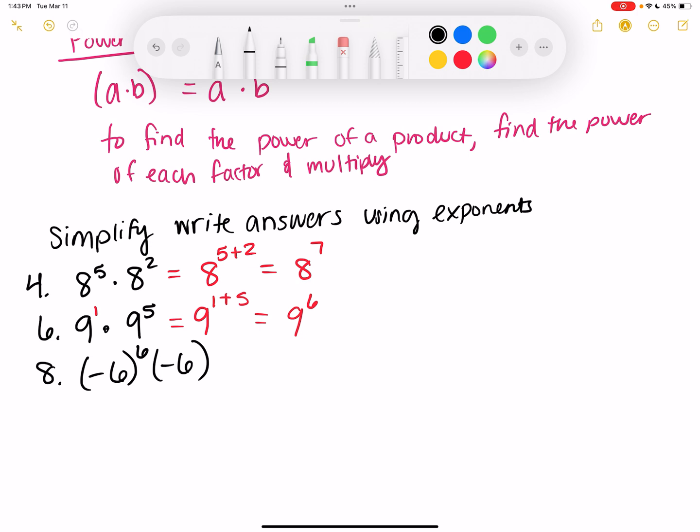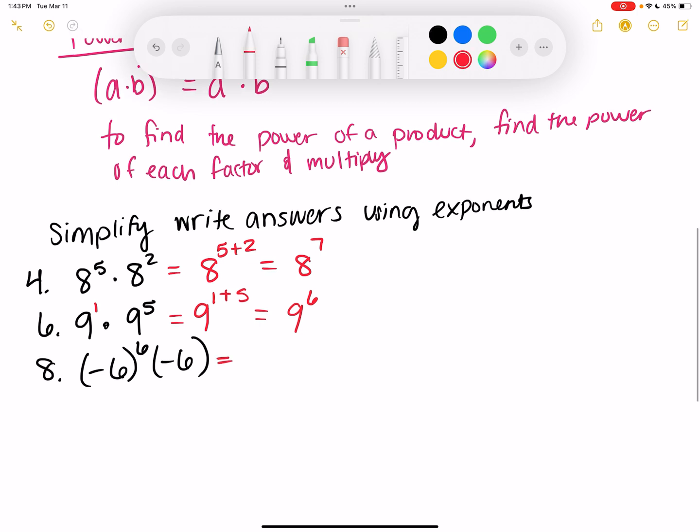So, how would I write the next step of this one? What exponent's on this one? 1. So this is the same base. So -6 raised to what? 6 plus 1, which is, yes, -6 raised to the 7th.